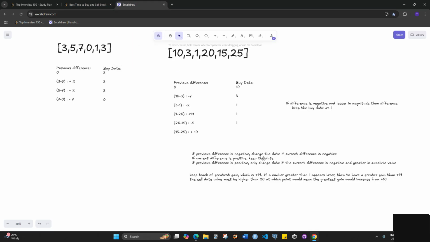Oh, okay, maybe I got another idea. So what if over here we just do if profit is positive, add to the total increment.